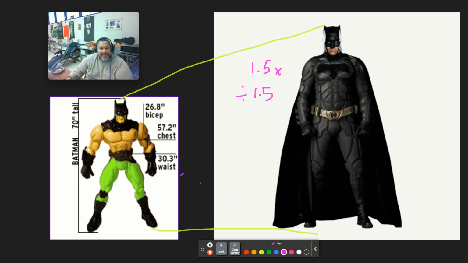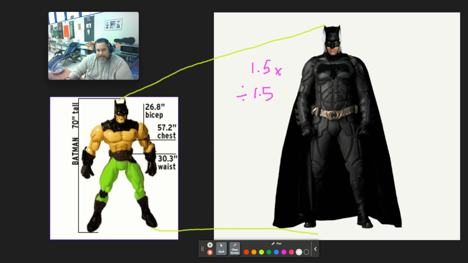Ignore for the moment that this Batman is not wearing the right clothes, it's different colors and whatnot. Let's not get stuck in the weeds, okay? All right, come on. Remember this idea that everything in this picture must be scaled.